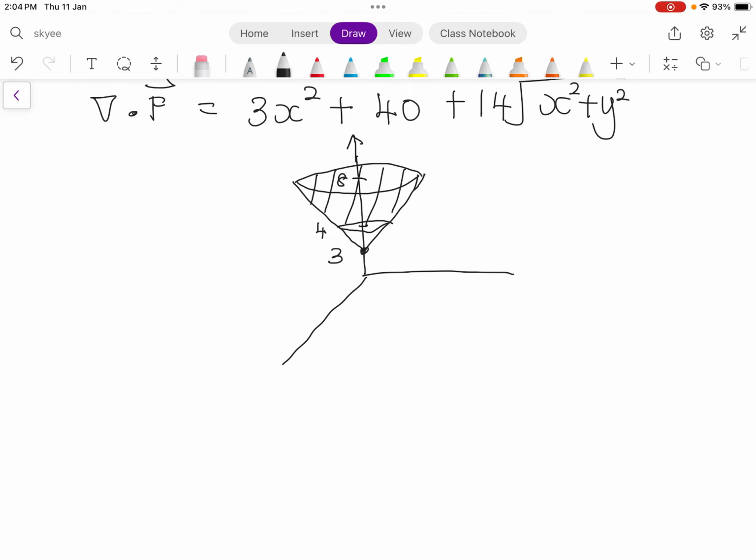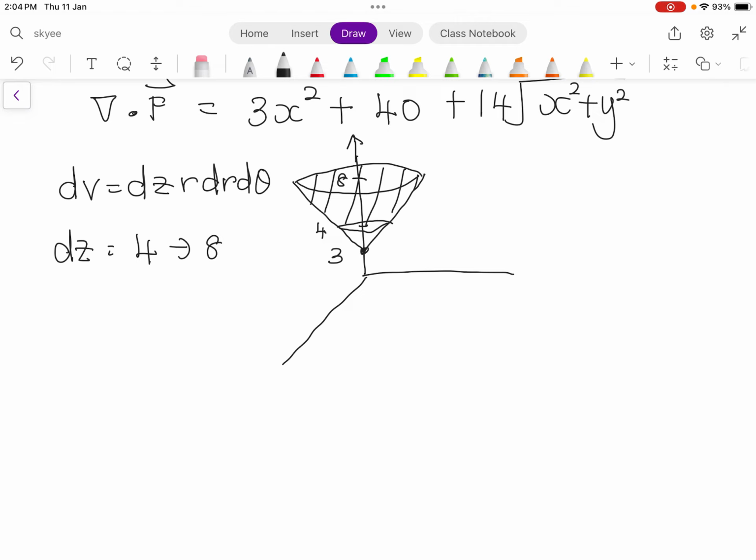For the dV, we have to choose the coordinate system to use. We could use cylindrical. The dz will be from 4 to 8, because it's a horizontal plane.